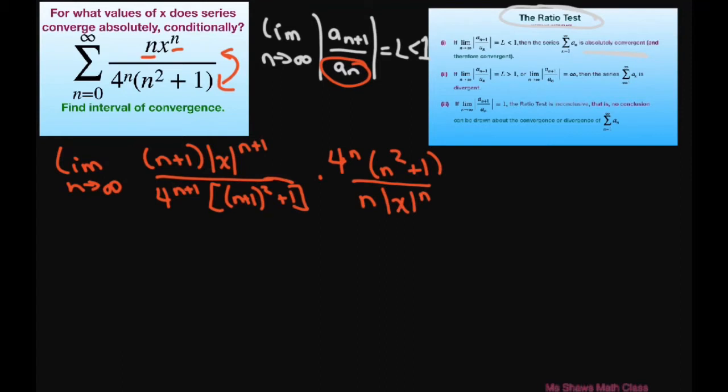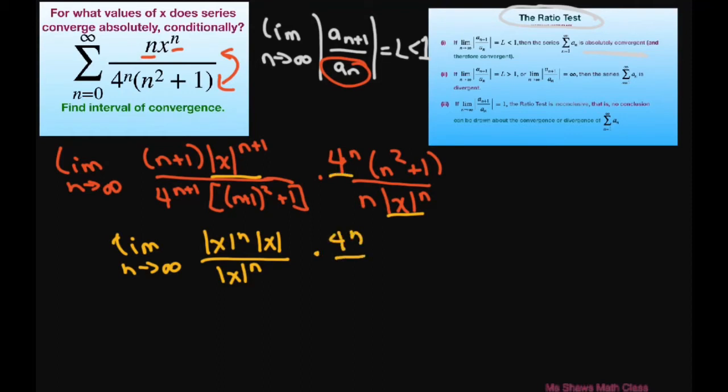Now let's simplify all this. We have the limit as n approaches infinity. Let's group some things together. Let's group this together with this. So this is the absolute value of x times the absolute value of x to the power of n divided by the absolute value of x to the power of n. And then for our 4s, we have 4 to the power of n divided by 4 to the power of n times 4.